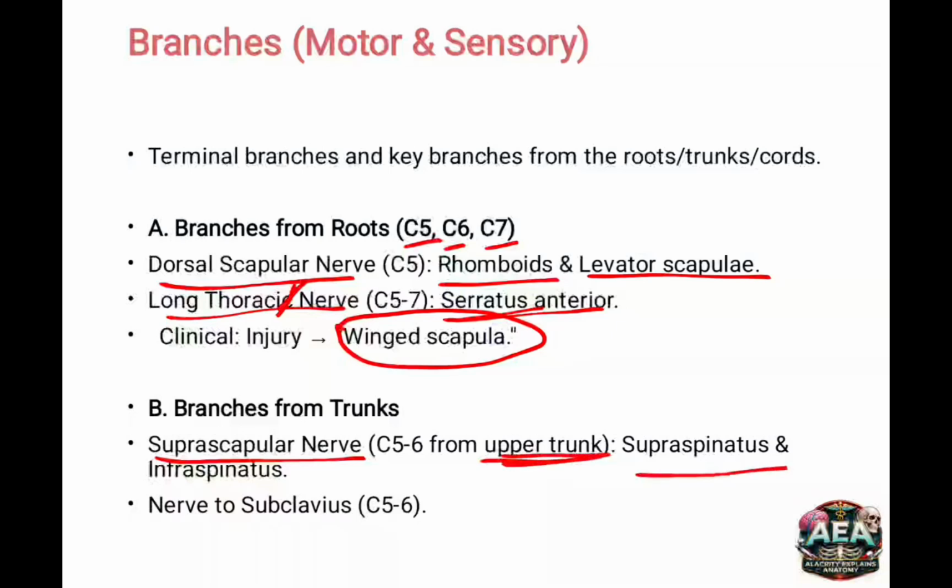It supplies the supraspinatus and the infraspinatus muscle, while we have the nerve to the subclavius that supplies the subclavius muscle located in the inferior aspect of the clavicle. This nerve also arises from the trunk. So we have 2 nerves arising from the trunk, and we have 2 nerves arising from the root.